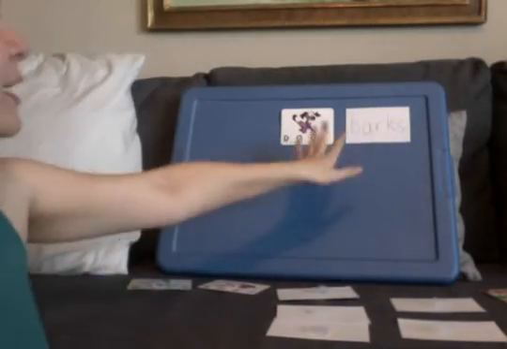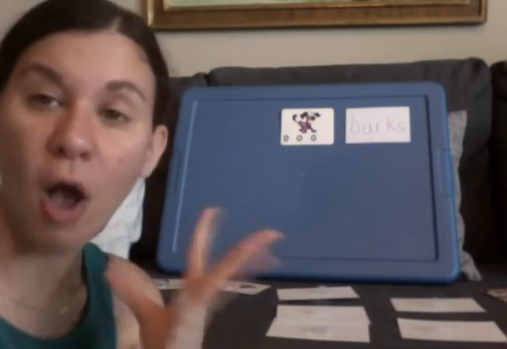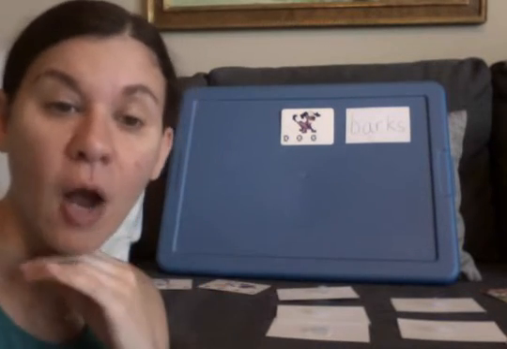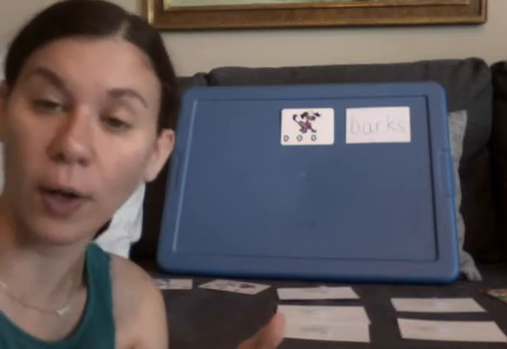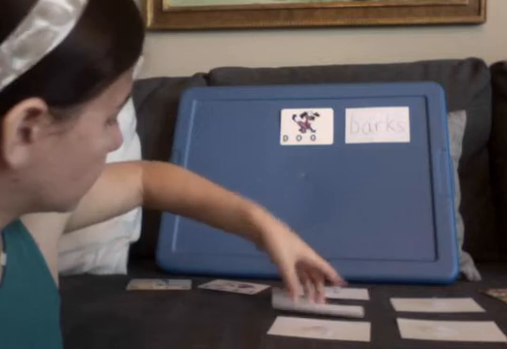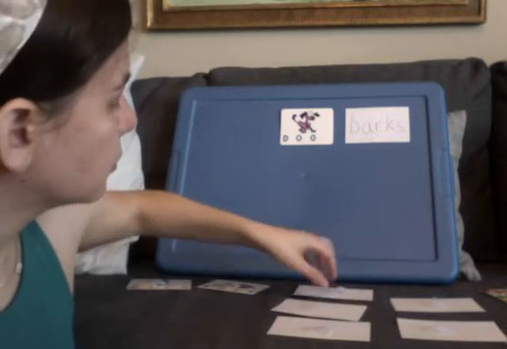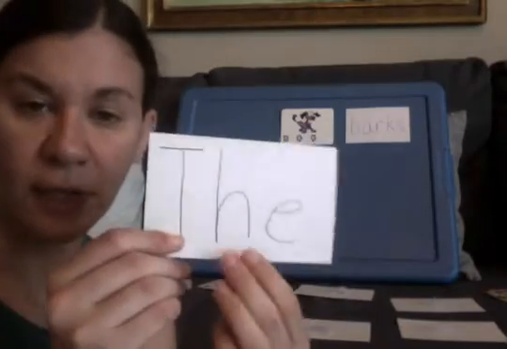So now I have my sentence, dog barks. I'm missing something right here. So we also need help from a sight word, right? So let's see what we have here. Here's our friend. This is a sight word.